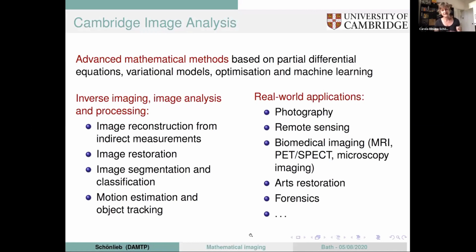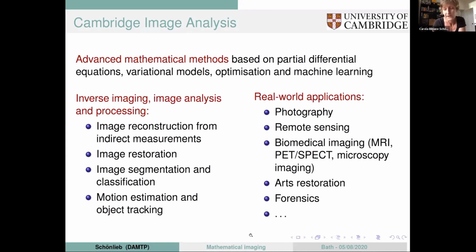And we develop techniques to solve quite a wide range of image-related tasks, from image reconstruction from indirect measurements like in medical imaging, to image restoration, image segmentation and classification, motion estimation and object tracking, just to name a few. And we develop these techniques always very close to real-world applications, ranging from photography, remote sensing, biomedical imaging, art restoration, forensics. Application-wise, it's quite broad.